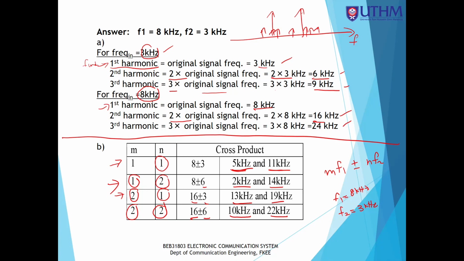So we start with the lower value. We start with the lower value M1 and then N1, N2. Kita mula daripada nombor yang rendah.